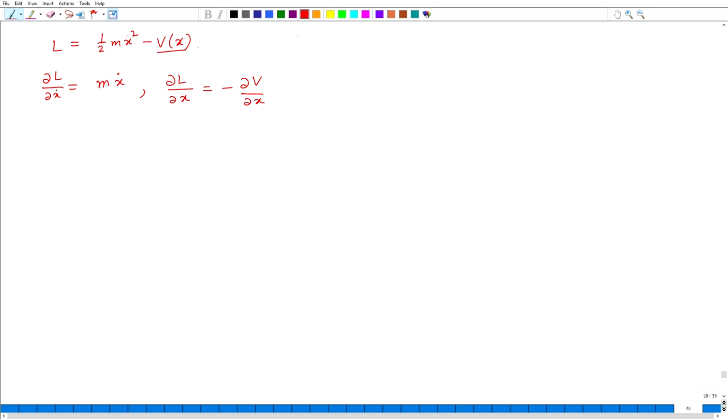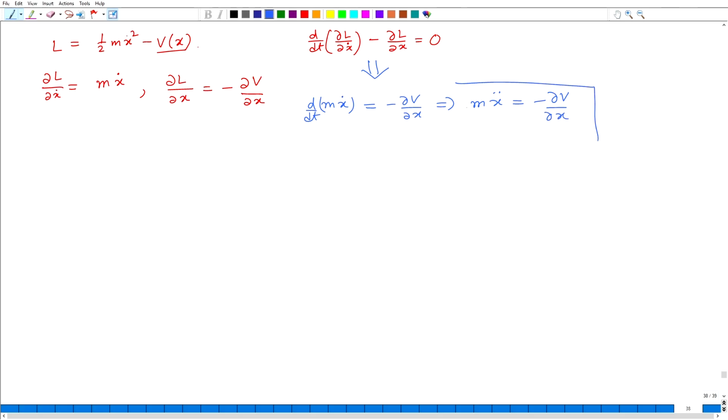Now, if you just write this equation, d dt del L del x dot minus del L del x will be 0, then this actually gives us m x double dot is equal to del L del x, which is minus del V del x, and this is nothing but your famous Newton's second law for a particle moving in a conservative field having potential V. Okay.